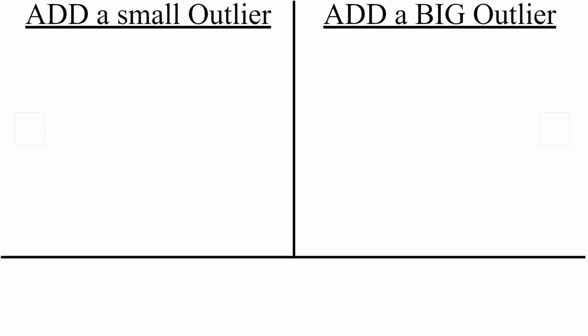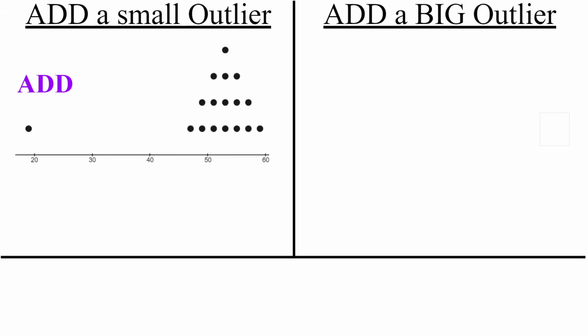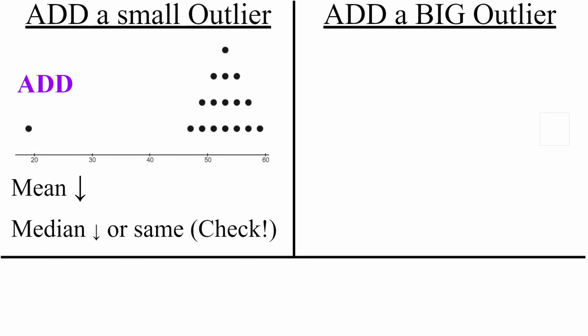So if we add a small outlier, like that number there, the mean will go down considerably. The median will go down a little bit, or it will stay the same. You don't know which it's going to be, so you have to check. You actually have to compute it, but you don't have to compute the mean to know that it's going to go down. You know it's going to go down because the outliers pull the mean towards them.